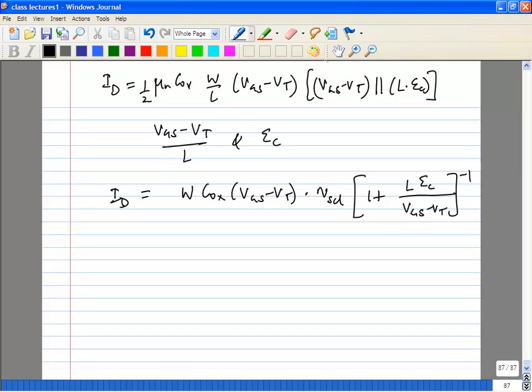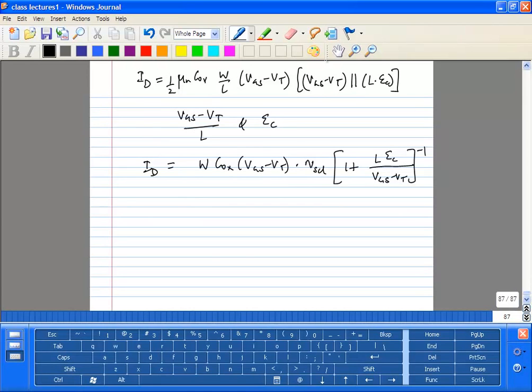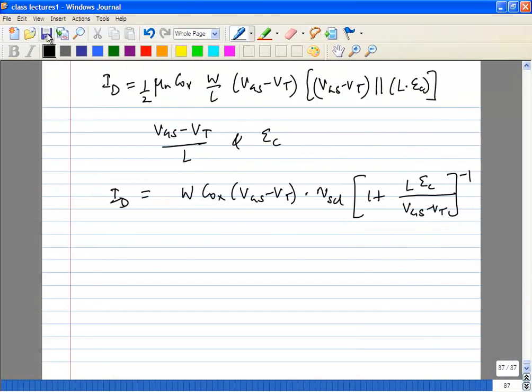You may not be using these for hand calculations very often, but the main idea of doing this is to understand what happens in the short channel regime. They are approximations, but they are very useful approximations. So what happens when you have very deep velocity saturation? You pretty much forget about VGS minus VT here. You're only going to have L times EC.